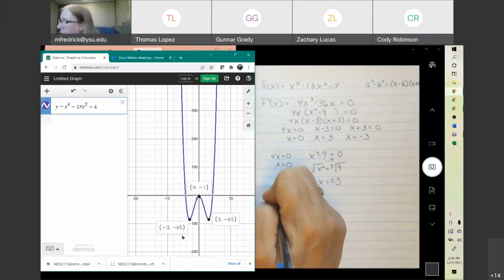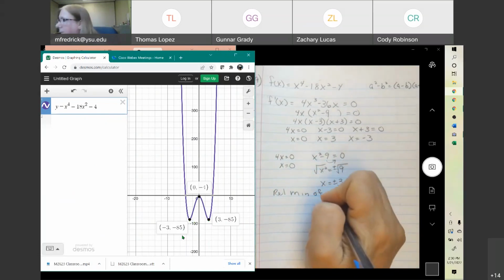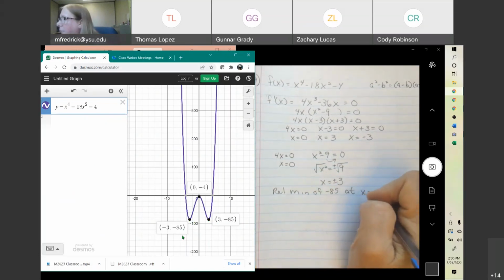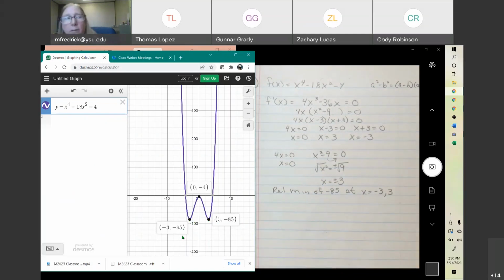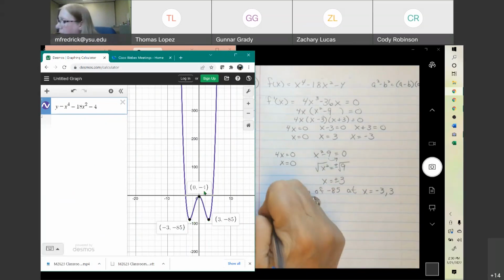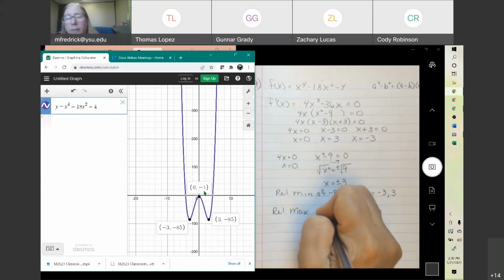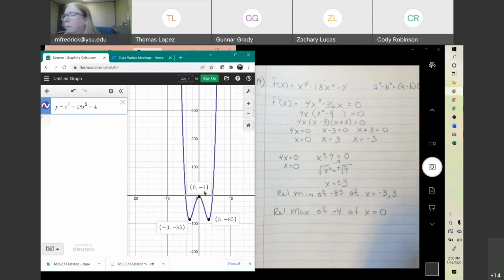So we have a relative min of negative 85 at x equals negative 3 and positive 3. The other one is a max, a relative max of -4 at x equals 0. Any questions on that?